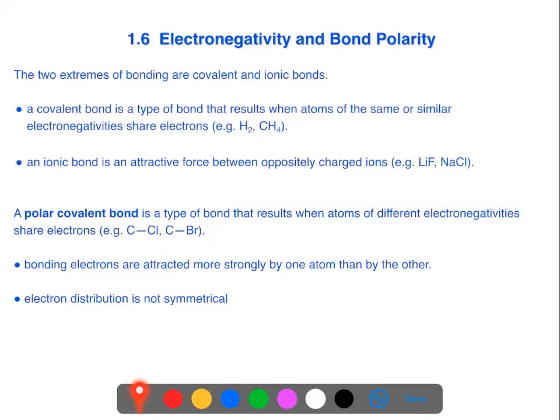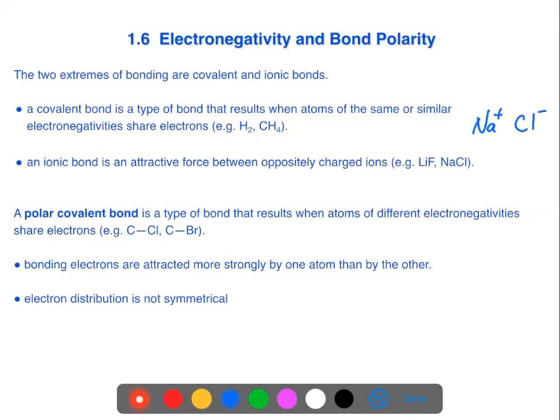An ionic bond, on the other hand, is when you have really the attraction of two oppositely charged ions. So typically NaCl, where really in aqueous solution, we have dissociation of this ionic bond into sodium and chloride ions.